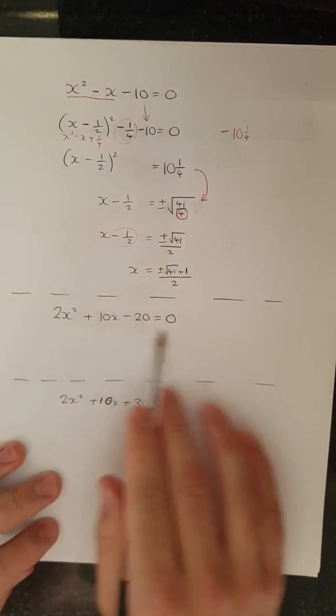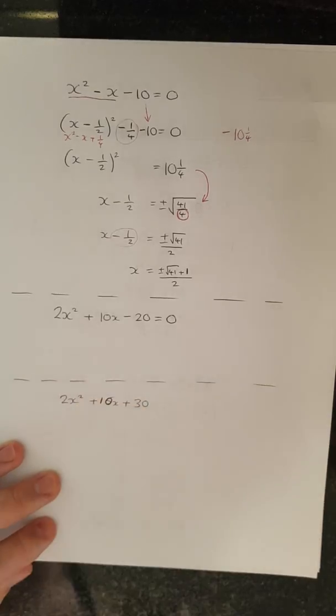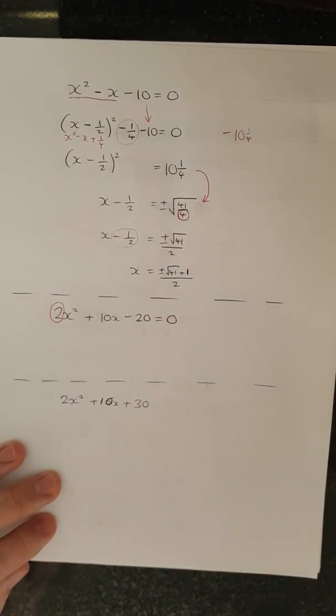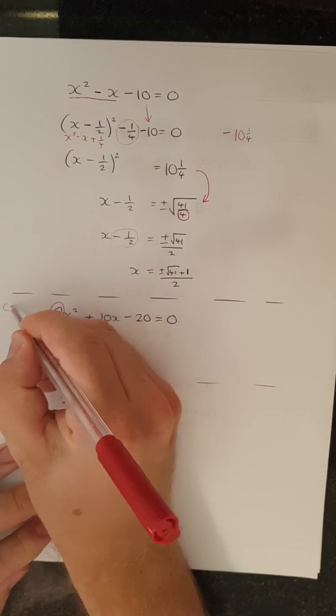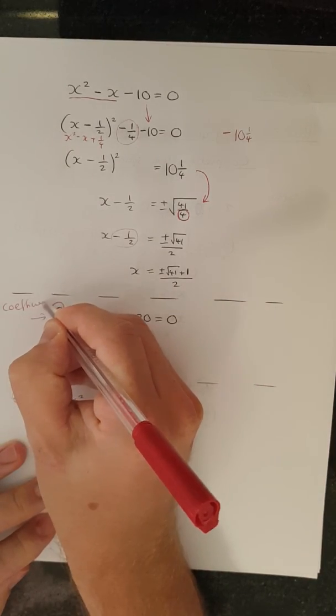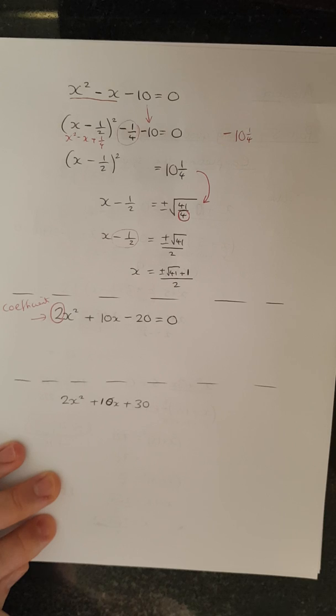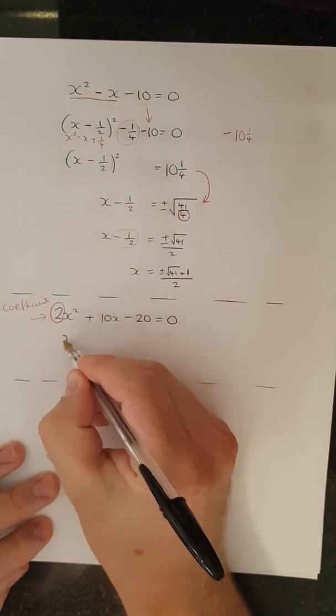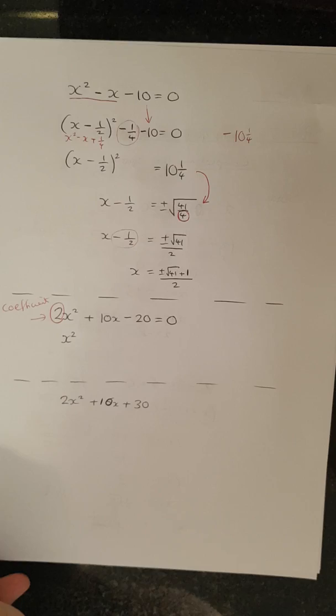Now let's look at a new situation where our x squared is not just 1x squared. Our coefficient is 2. Well, I can't solve these, so I'm going to do what? Because I have to get to a stage where I've got that.